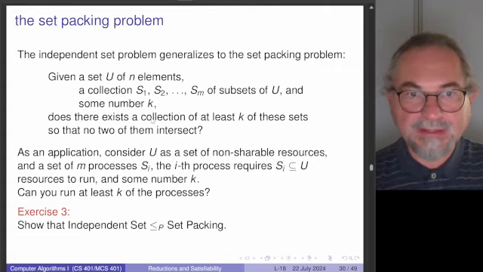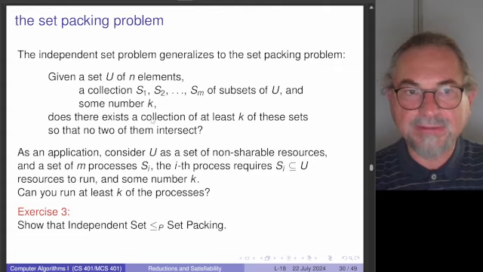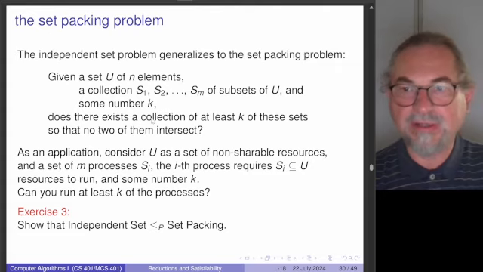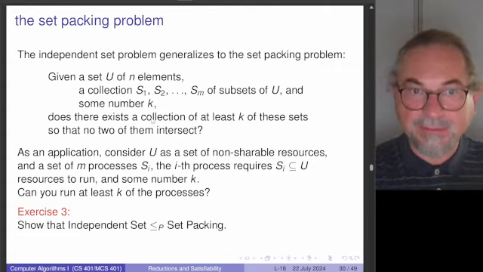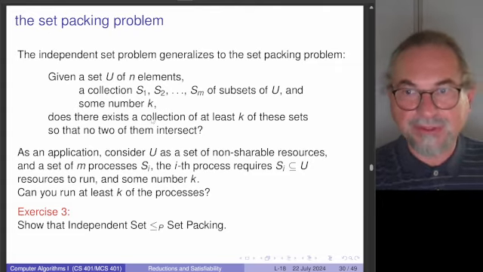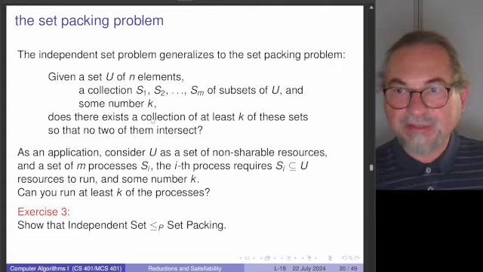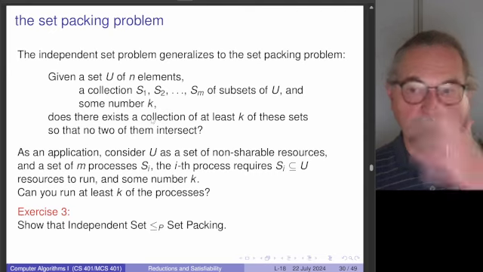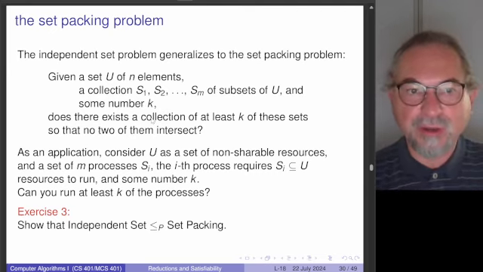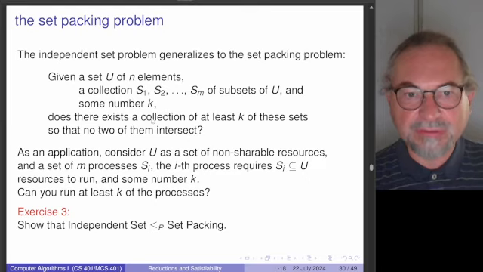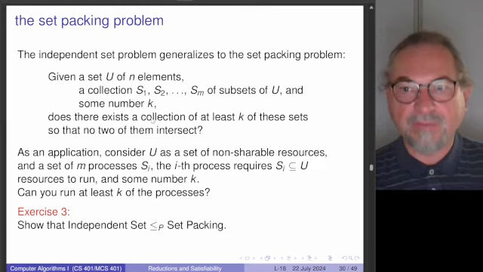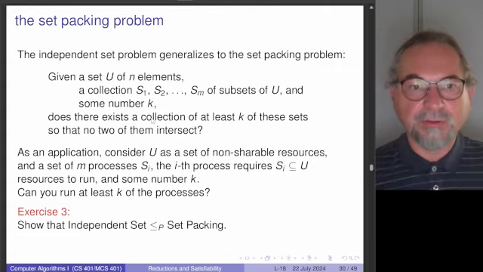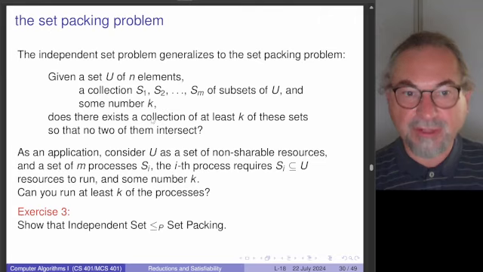We had said that the set packing problem is related to the independent set problem. We started with that problem, which is an instance of a packing problem. So we can formulate a more general version of the independent set problem, where we have a collection of subsets, but now instead of covering everything, we want the largest collection, or a collection of size k.